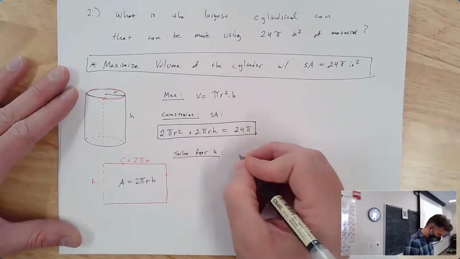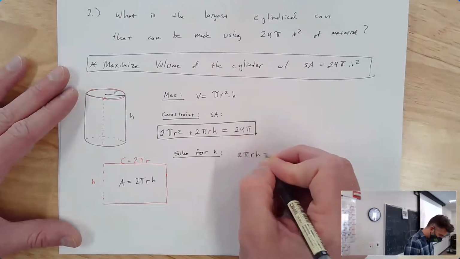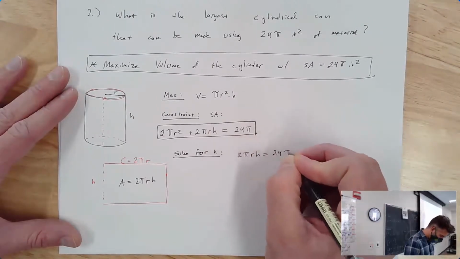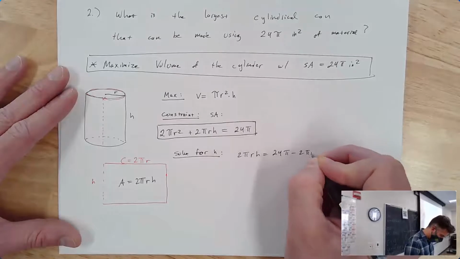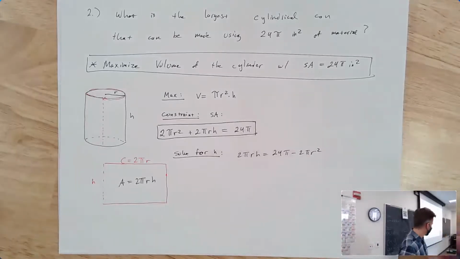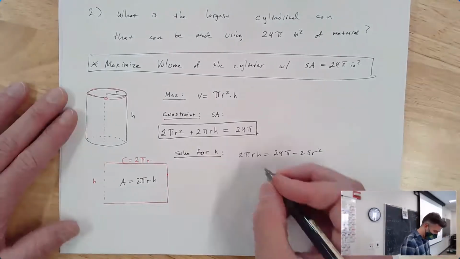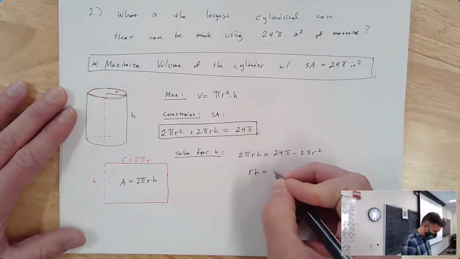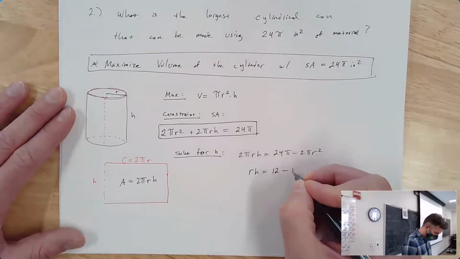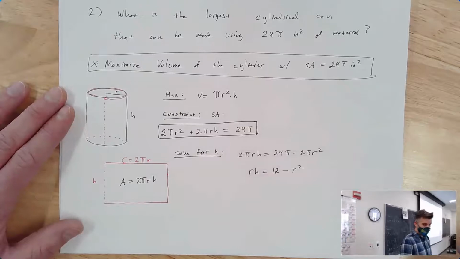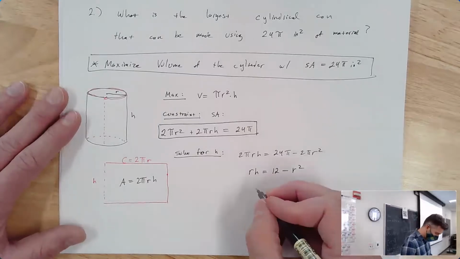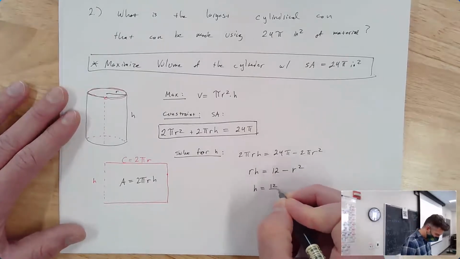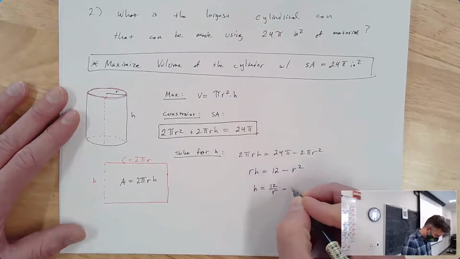we're going to have 2 pi r h equal to 24 pi minus 2 pi r squared. Let's divide everything by 2 pi, right? We don't need that constant. We've got r h equal to 12 minus r squared. And then dividing everything by r, h is going to be 12 over r minus r.